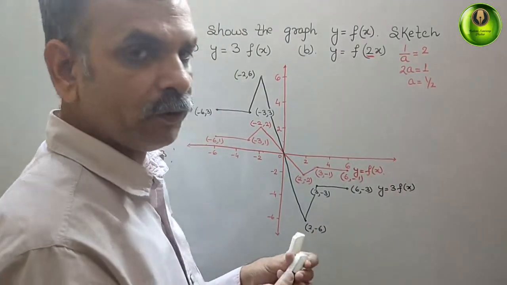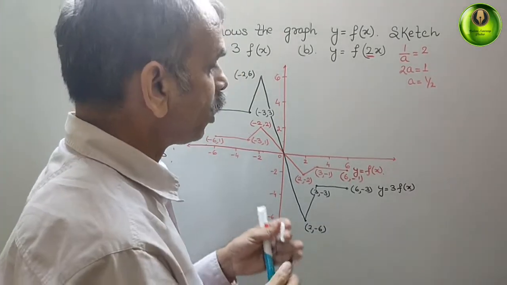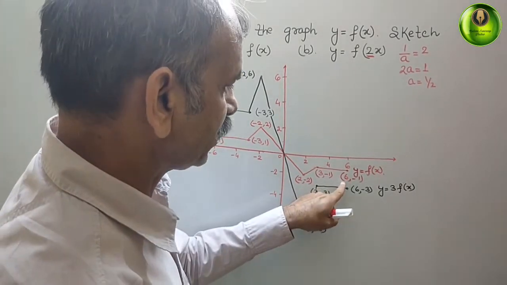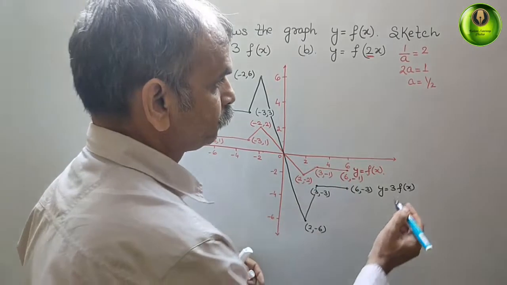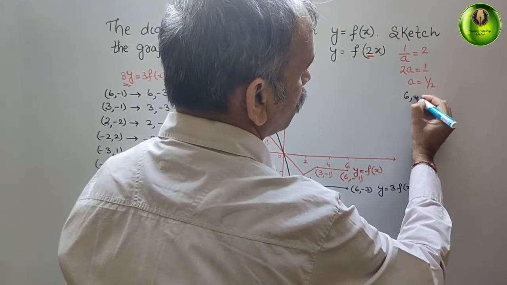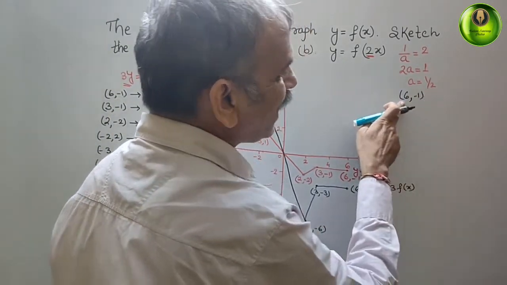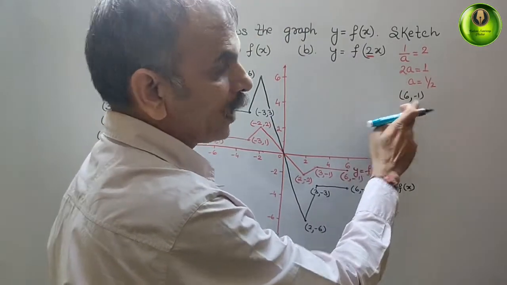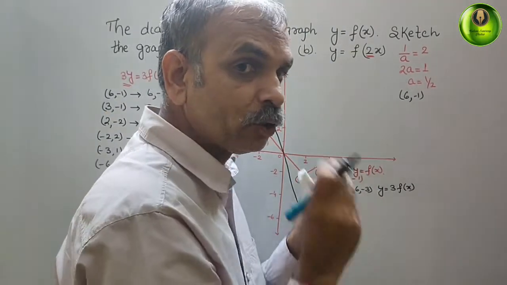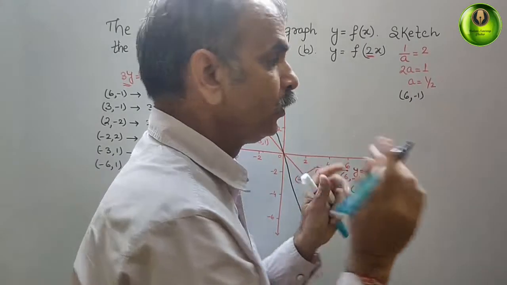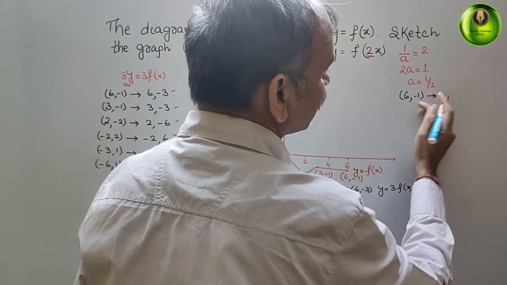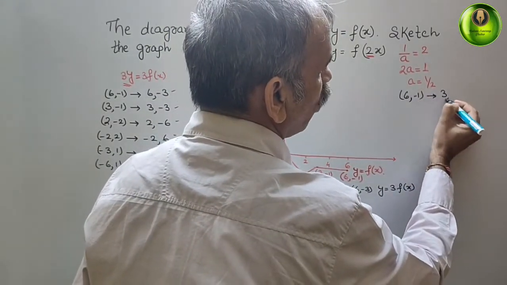Now we will write the coordinates. The original is 6 comma minus 1. Only the x coordinate you have to change, not the y coordinate. The y coordinate should remain the same. So 6 by 2 is 3 comma minus 1.